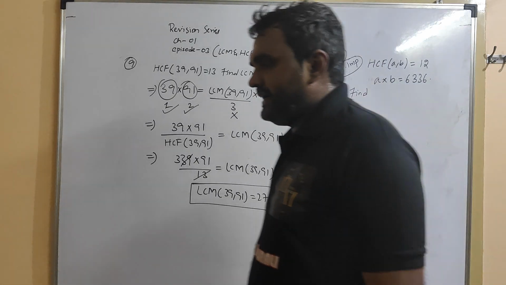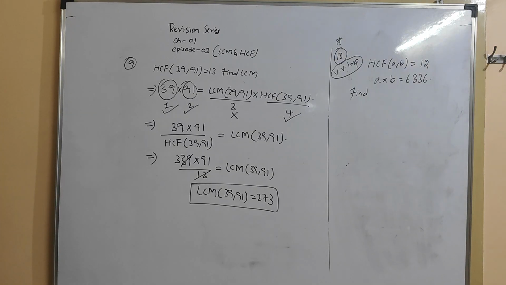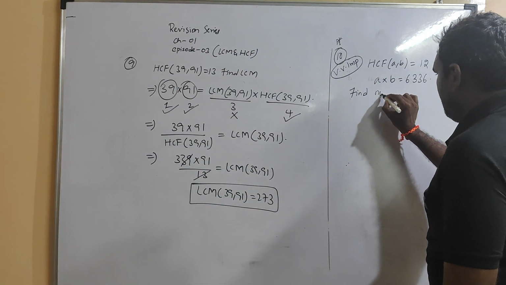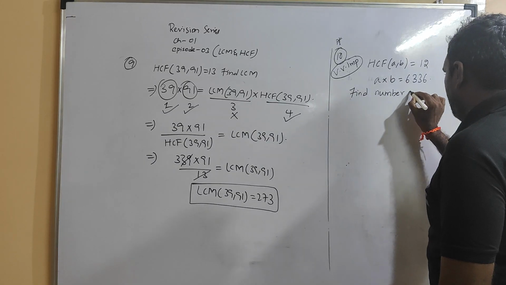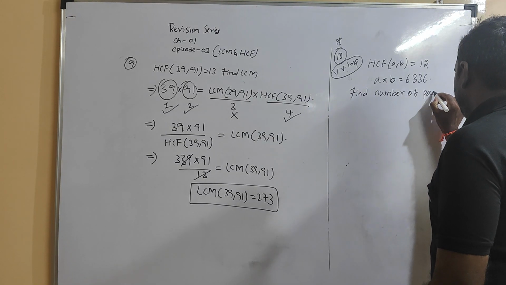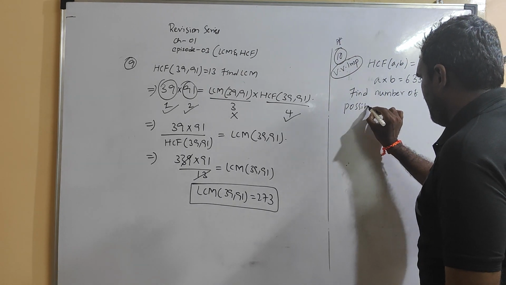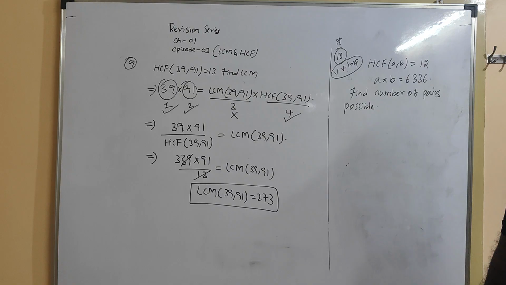They may ask to find the LCM or the two numbers. Here: find the number of pairs possible. Whatever the question, if they are asking to find the number of pairs possible, that kind of question is very important.